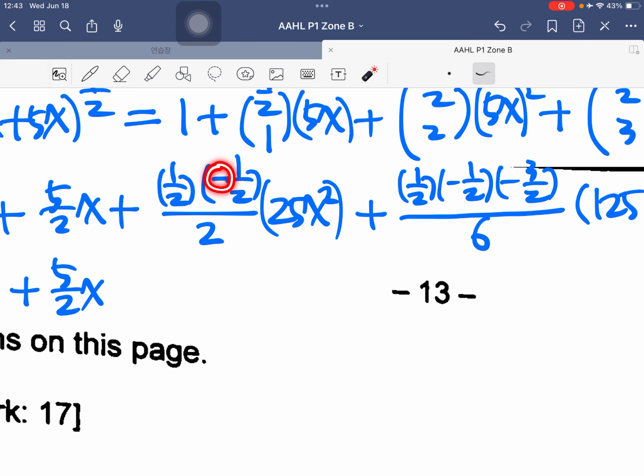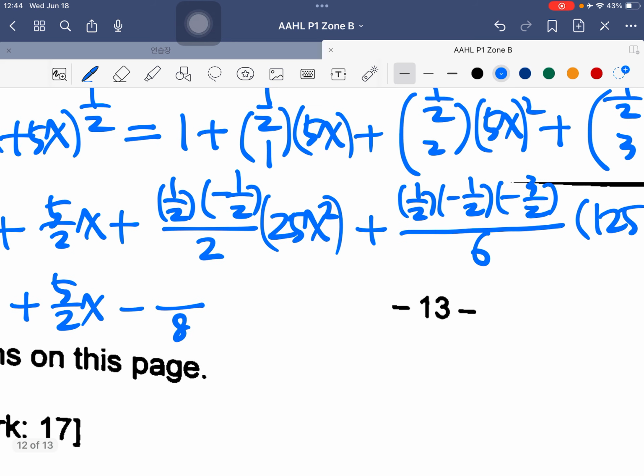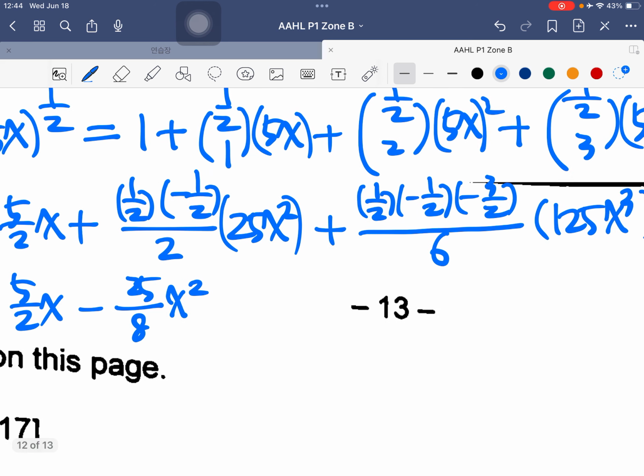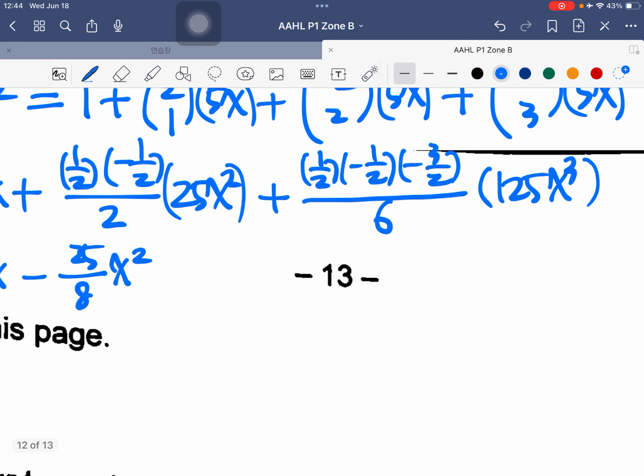This is only one negative, so it's going to be negative. And then the denominator is 8, and the numerator is 25 x squared. Plus, next one, check for the sign: minus times minus is going to be plus.